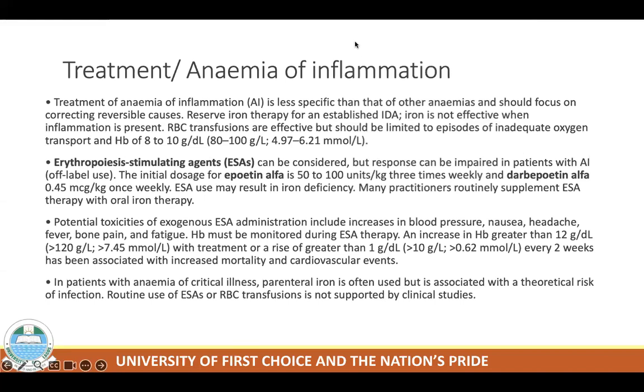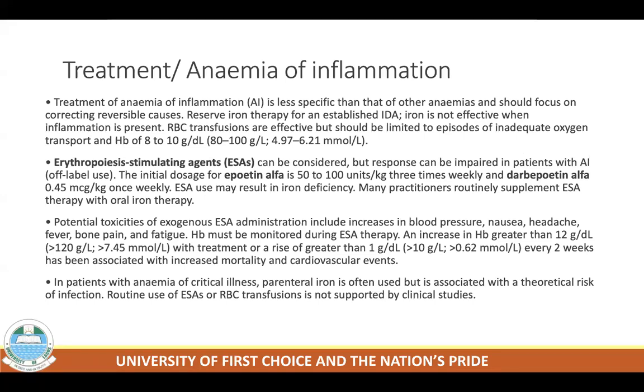So that's what causes it. But what I said is that anemia of inflammation results in suppression of red blood cell formation. So that's why we're trying to bring in an agent to stimulate that red blood cell production, right?